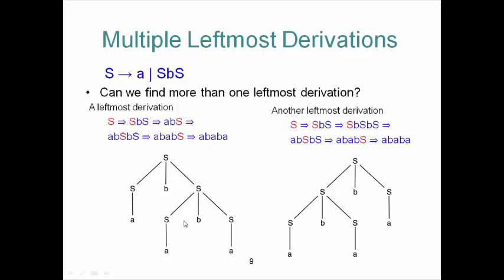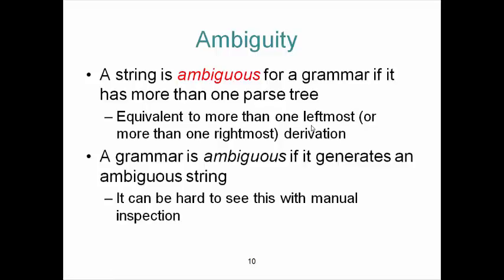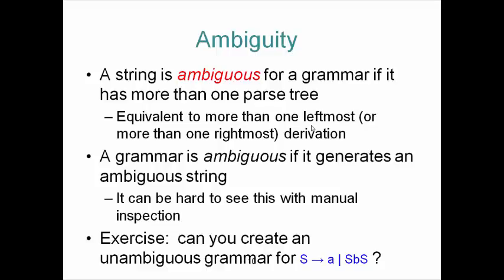So different parse trees get generated. It creates confusion. We can define an ambiguous string as a string which gives you more than one parse tree. The parse tree is either leftmost or rightmost. A grammar is ambiguous if it generates an ambiguous string.